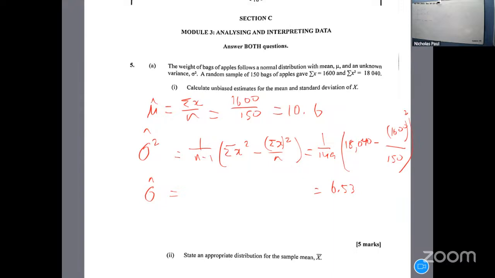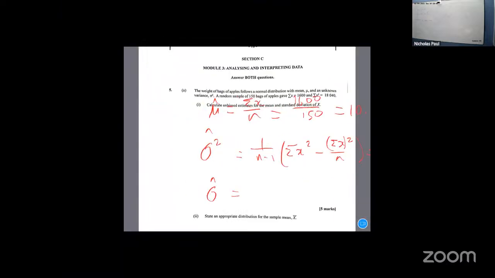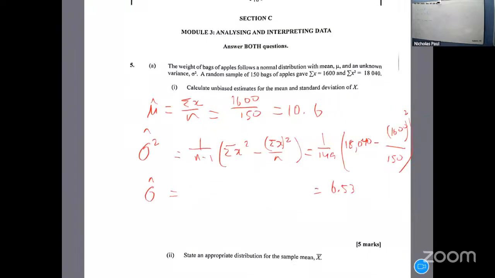They give you 4 squared. All one square root, so the square root of 6.5. What is that?